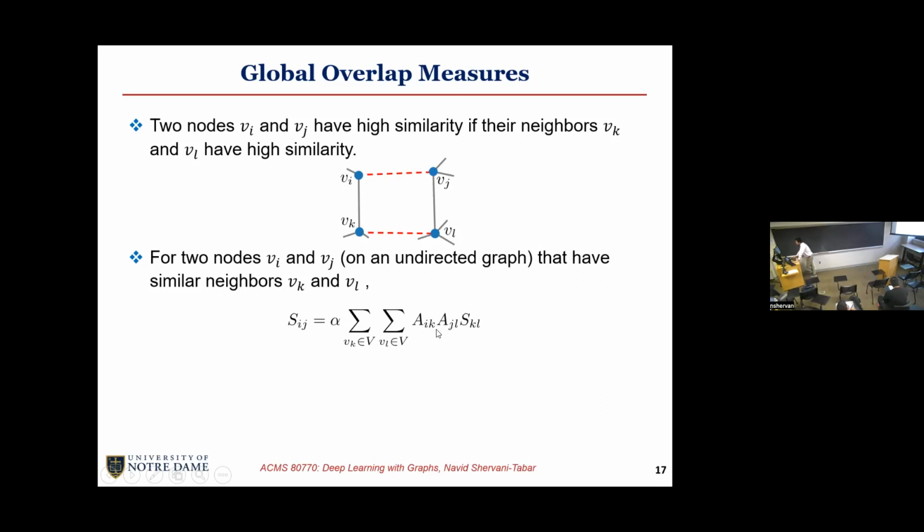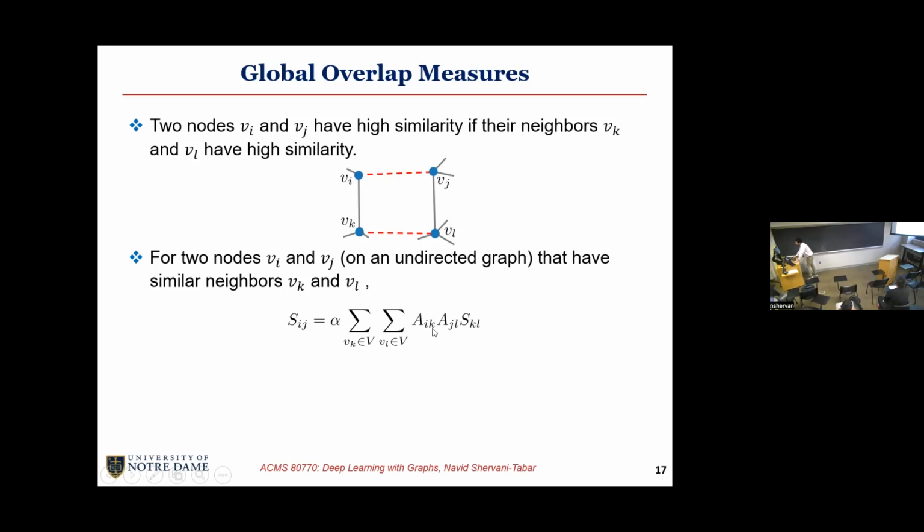So if both of these are 1, it means that Vi has a neighbor called Vk, and Vj has a neighbor called Vl. And then we call our measure of similarity S between nodes k and l. So if nodes Vk and Vl are similar to each other, then there would be a similarity between nodes Vi and Vj.